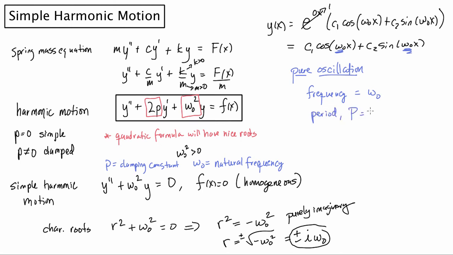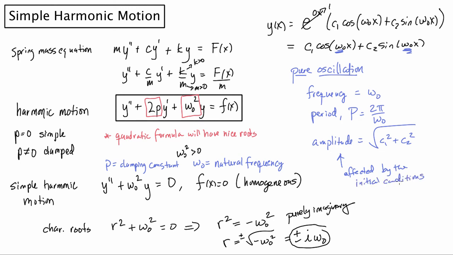Remember, the period p is 2 pi over the frequency, and it has amplitude given by the square root of c1 squared plus c2 squared, which means that the amplitude is affected by the initial conditions.